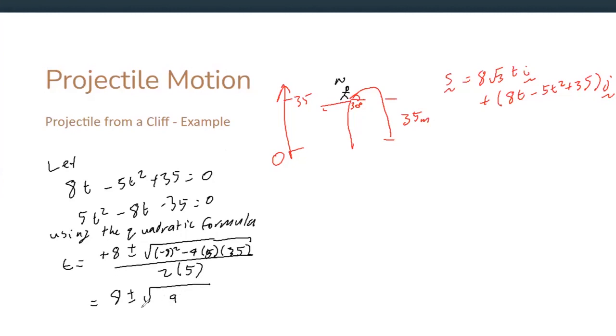So this is going to be 9 all over 10. And then that is going to give us 8 plus or minus 3 all over 10. And so from here, we're going to get 2 solutions, in the plus case and the minus case. So in the plus case, we get 8 plus 3, which is 11 over 10. And in the minus case, we get 8 minus 3, which is 5 over 10, or a half.